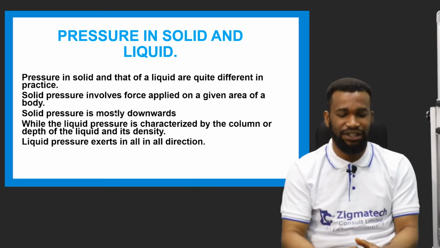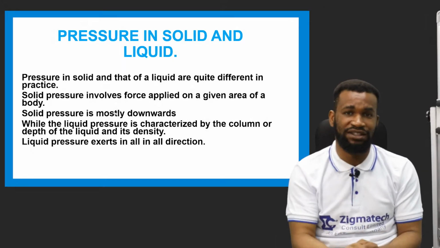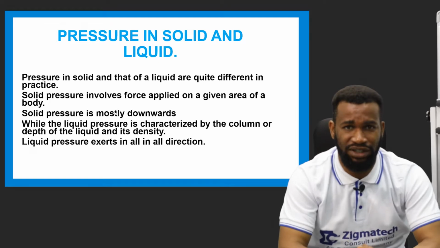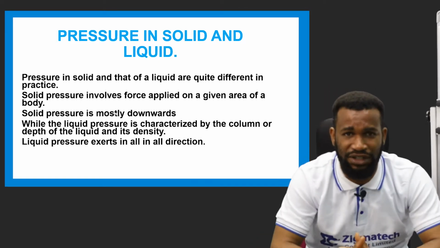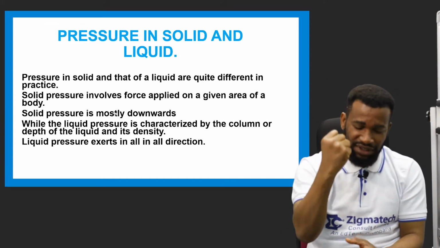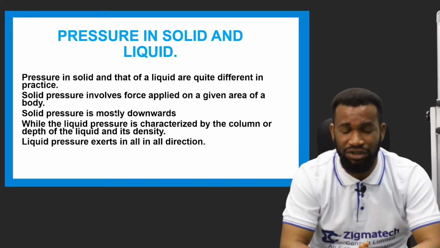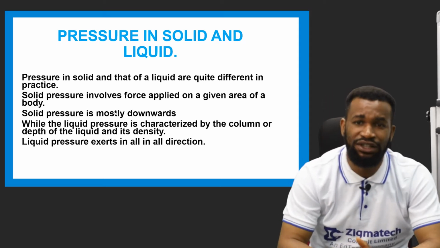So there must be a specified area where this force is going to be applied, and that force mostly goes downward. Like the video clip you watched at the introductory part of this lesson, you saw a body coming down and pressing down on some coconuts. That means solid pressure considers the area and the force, and mostly goes downward.